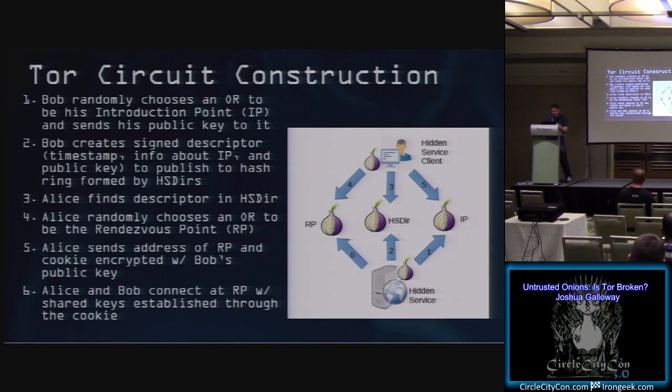It's actually a lot more involved than the 3 hops we all know about. With Bob being the hidden service server and Alice being the hidden service client, Tor circuits are constructed like so.